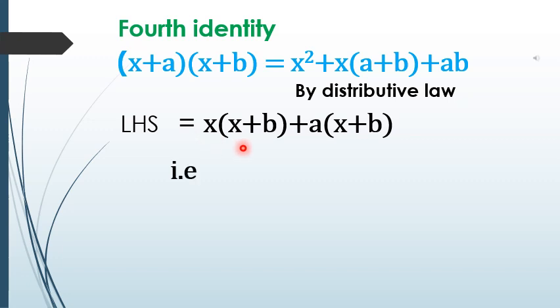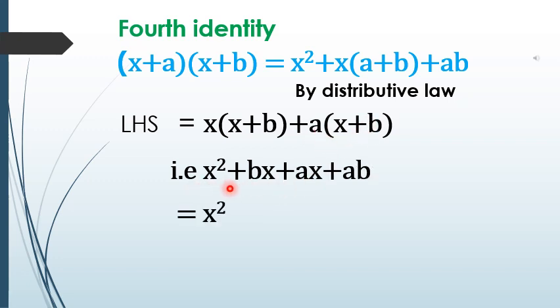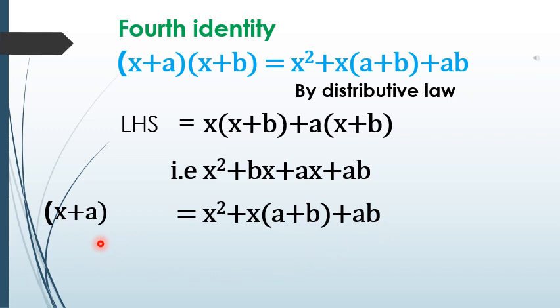That is x square plus bx plus ax plus ab, which is equal to x square plus, here x is common, x into (a plus b) plus ab. Yes, we solved the formula, right? That is (x plus a) into (x plus b) equal to x square plus x into (a plus b) plus ab.